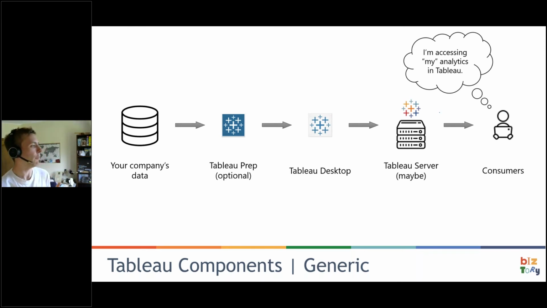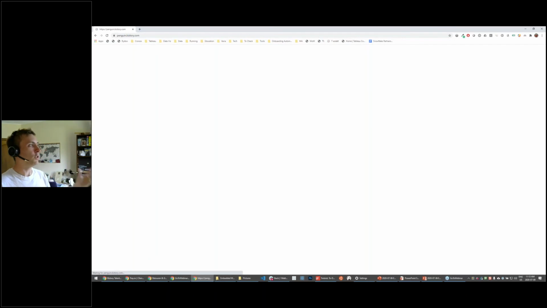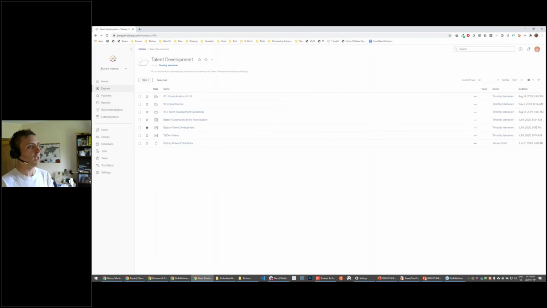They do not have a portal around this necessarily. It's not like they go to your company SharePoint and then look at the Tableau analytics in there, because that would be embedding. No, in this case, they purposefully navigate to Tableau Server and they consume the analytics there. In fact, if I were to do that in this example, I would actually type penguin.biztree.com, which is the name for our Tableau server, but this could be tableau.biztree.com. This could be anything. And I would, again, purposefully go and consume analytics on a platform I know as Tableau.